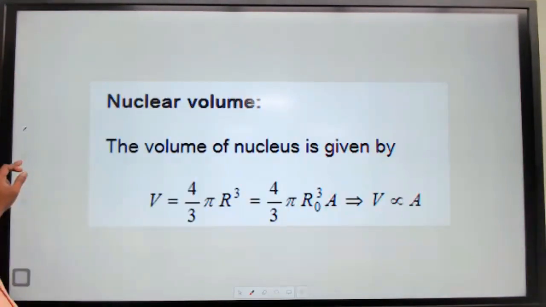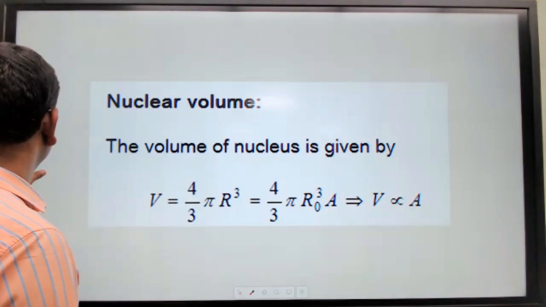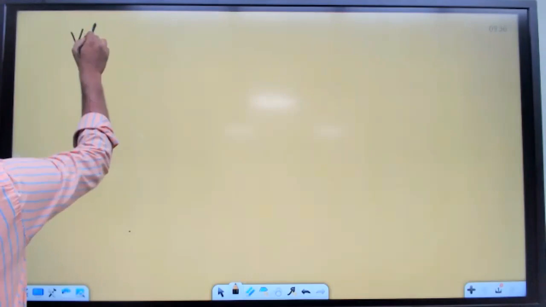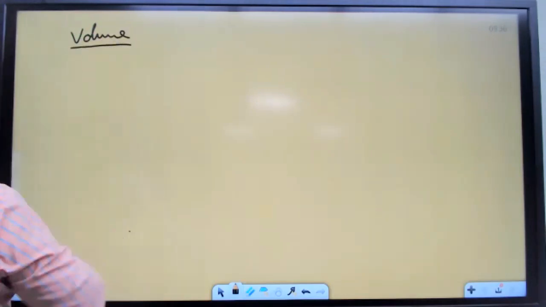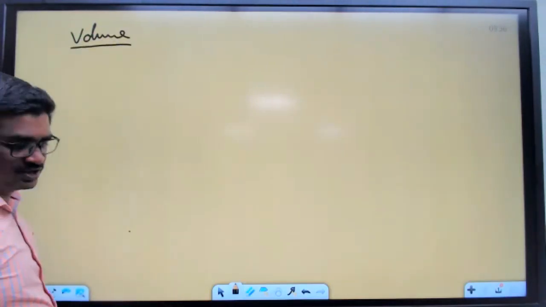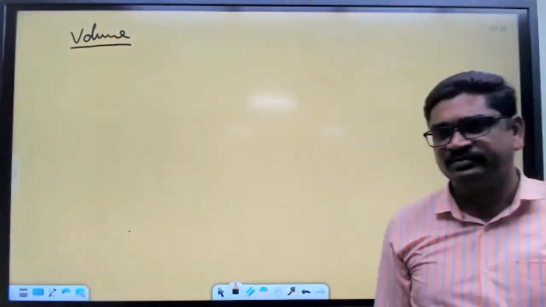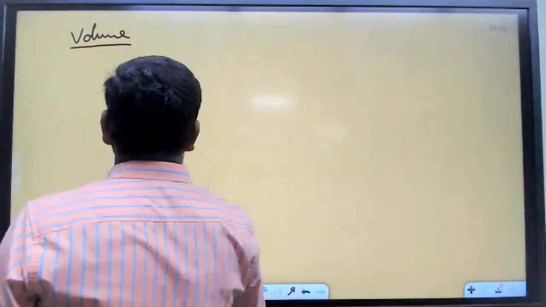Next one, volume: nuclear volume, or simply volume. Assume that the nucleus is a sphere. Then what is the formula for volume in terms of radius?